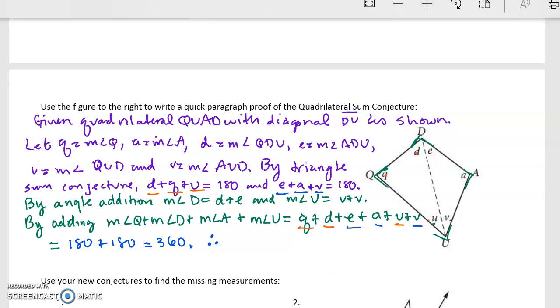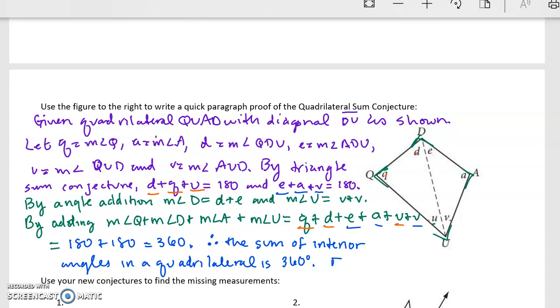Therefore, the sum of the interior angles in a quadrilateral is 360. So that's a little proof. And this was a generic quadrilateral, so it applies to all quadrilaterals.